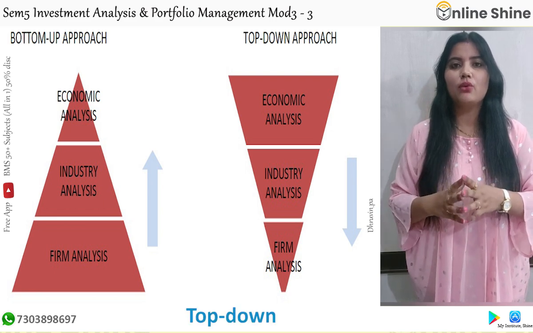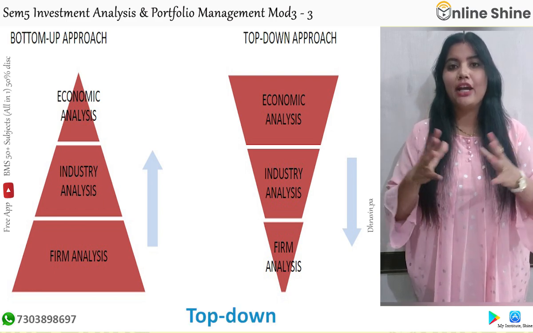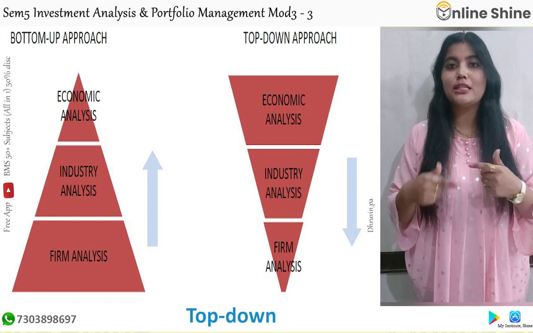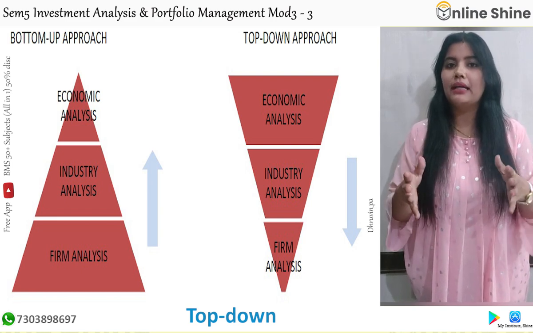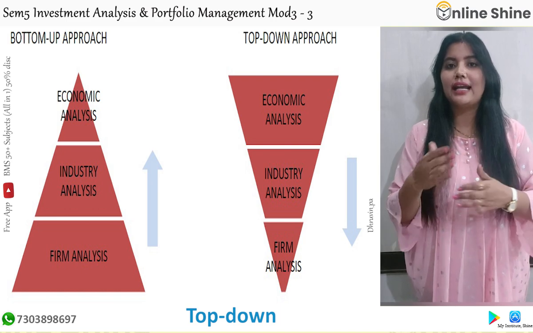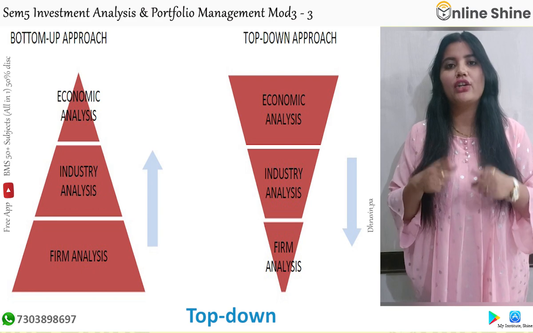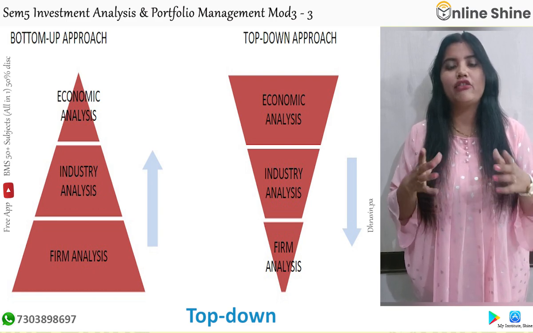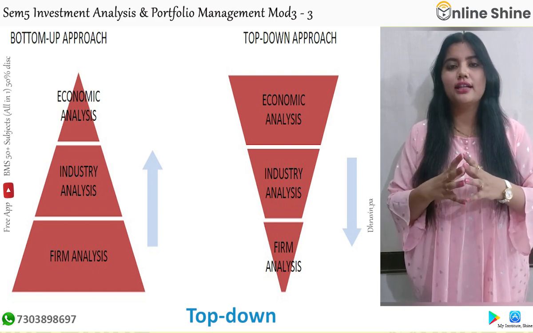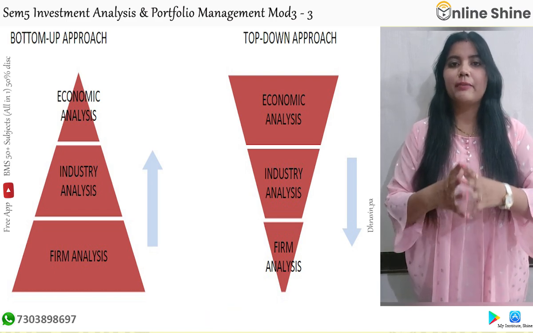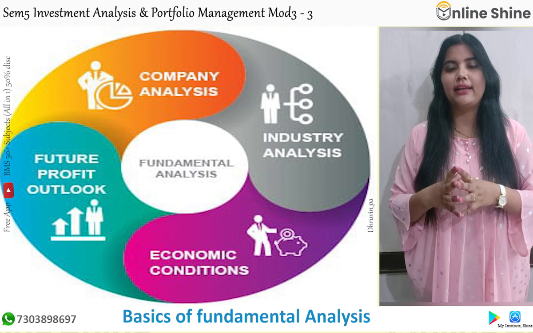While the top down approach looks into macroeconomic factors first and then digs into the specific company, the bottom-up approach analyzes the company first and then checks the effect of the macroeconomic factors on the company's performance.